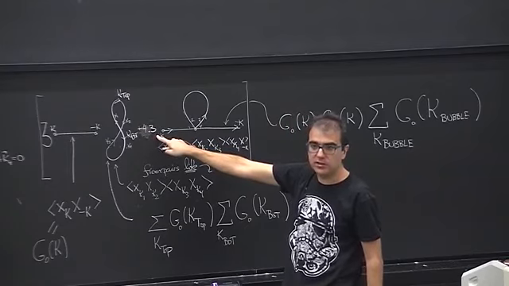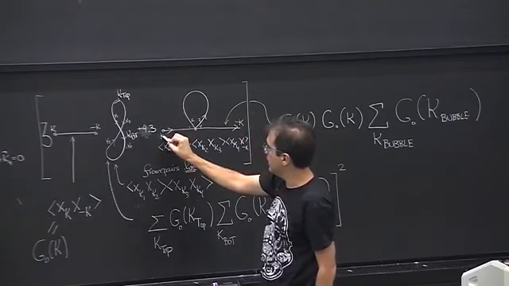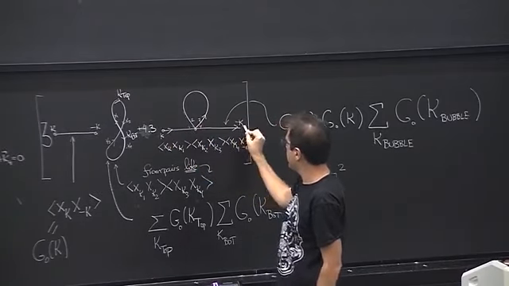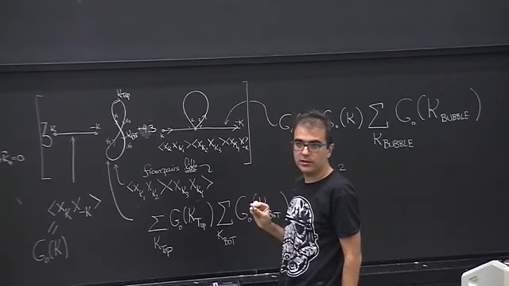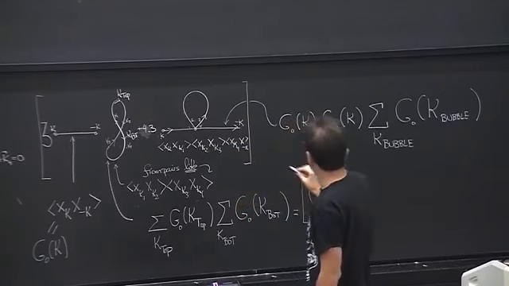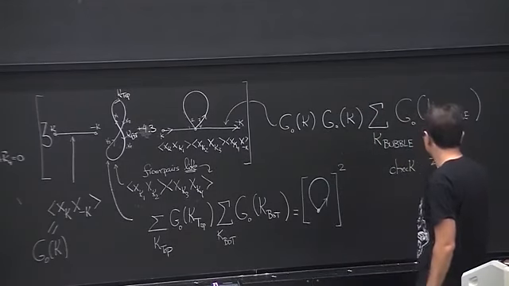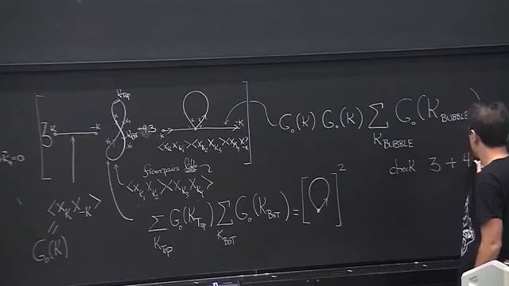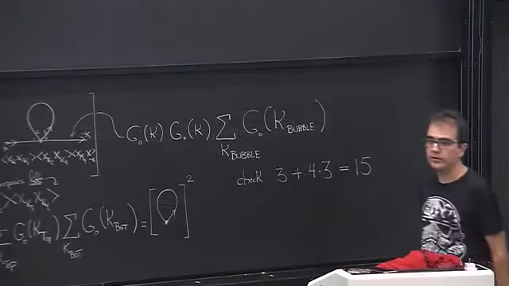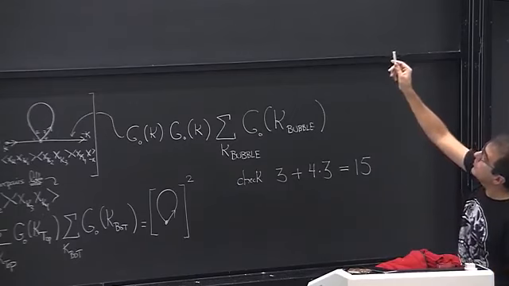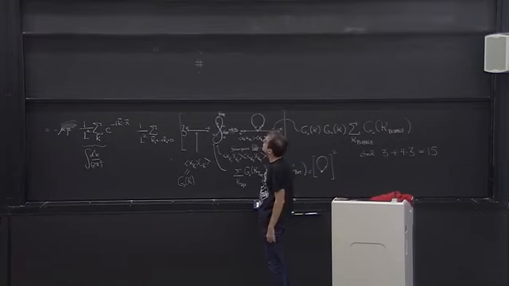So there are 12 options here. Again, this 12 is there are 4 options to connect k, and then after I connect, minus k has 3 options left. So that's why there is 4 times 3. And let's make a check. A check is that in total we have 3 terms plus 4 times 3, and that's equal to 15. And 15 was the number of terms that we wrote in the blackboard that is hidden.